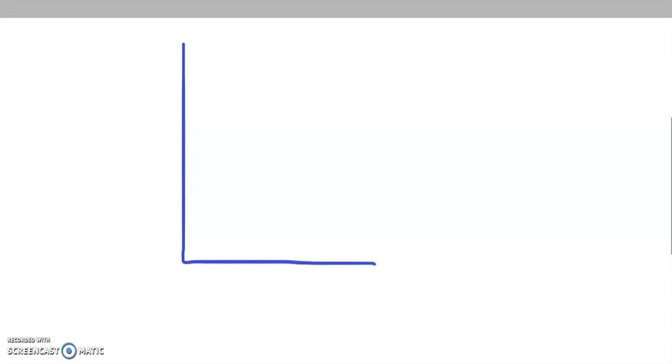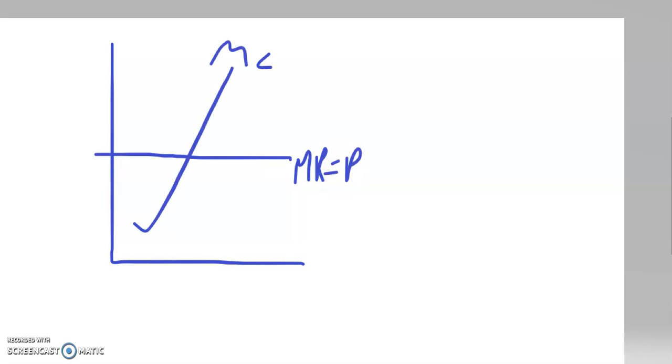Okay, so let me slide over here, I'm eventually going to draw another graph to the right of this. Okay, so this is our marginal revenue and price curve. This is our marginal cost, quantity, and dollar values. This firm is taking a loss, so again, ATC is going to be above our price.